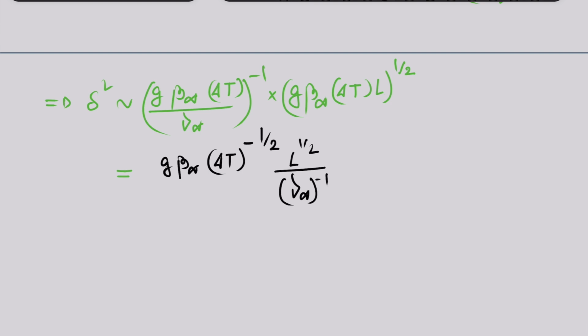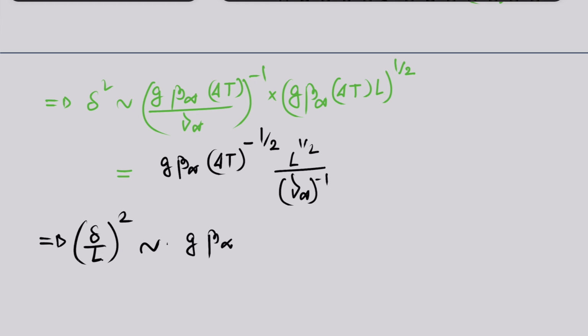So now let us see how I can incorporate all these terms. So I have to find this delta by L. So I will divide by L square on both sides, okay.